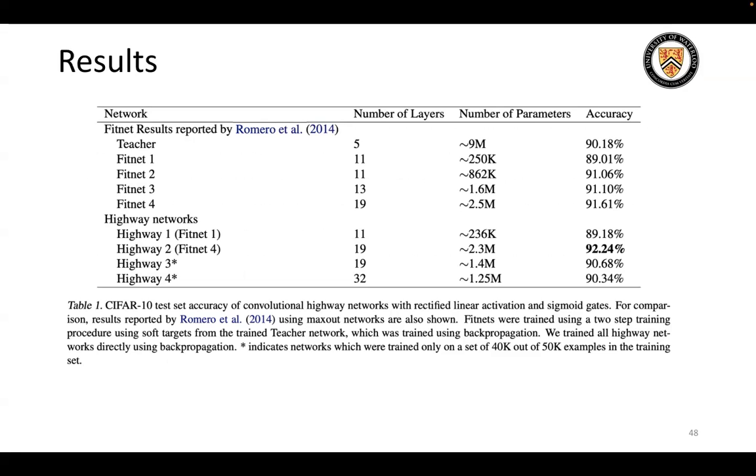The number of parameters is much less than that of the FitNets, but the accuracy is comparable. FitNets are trained using a two-step training procedure using soft targets from the trained teacher network, and this is trained using backpropagation, but highway networks are trained directly using backpropagation. Star means networks that were trained only on a set of 40,000 out of 50,000 examples in the training set.